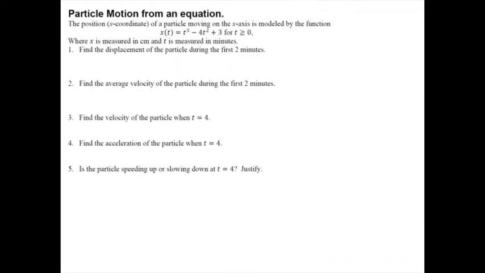Now, as far as a problem goes, let's work a few. Here we have a really nice polynomial. Number 1 says find the displacement. The displacement is how much change in position this particle had from 0 to 2 minutes. So we're going to do x is 0, because this is a position. x is 0 gives 0 cubed minus 1, which is 3.